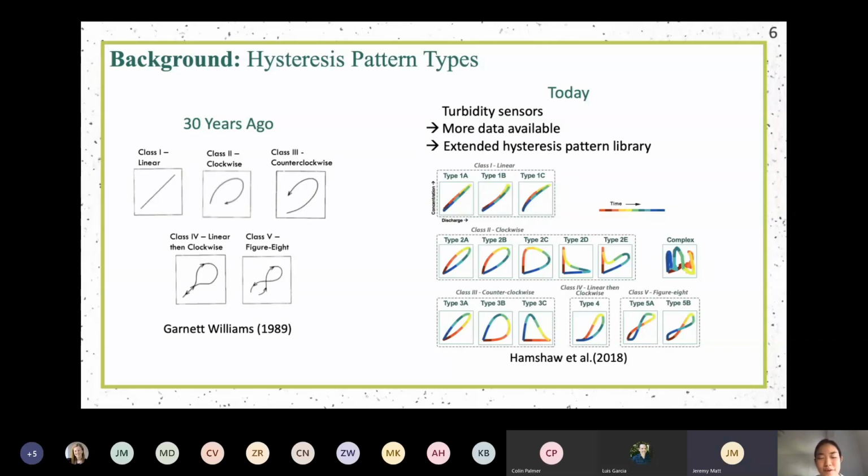Thirty years ago, our technique of data collection was not advanced, therefore we didn't have as many pattern types. Nowadays, with turbidity sensors in place that can record every 15 minutes, we have so much more data available, and that results in an extended hysteresis pattern library.